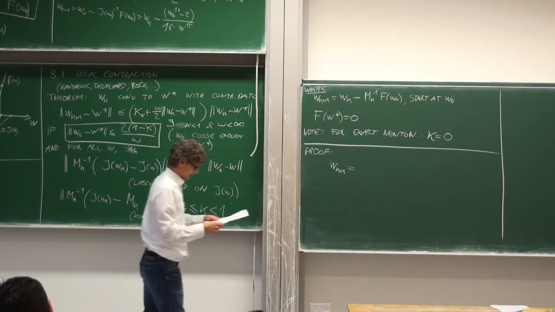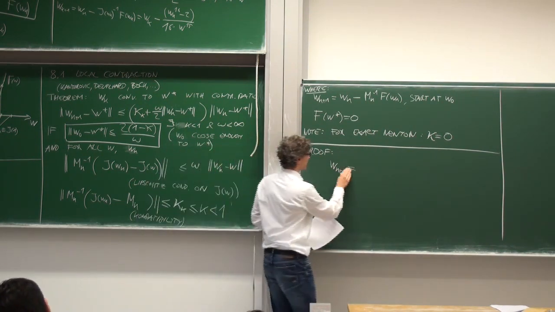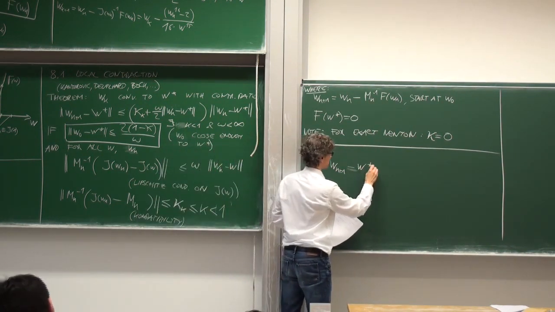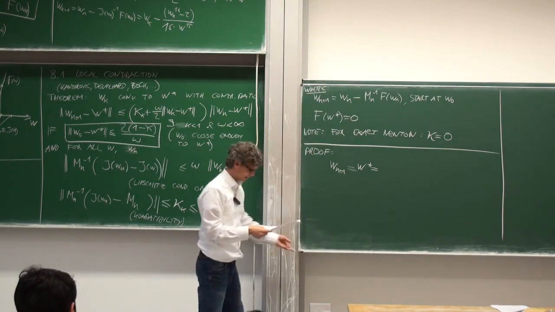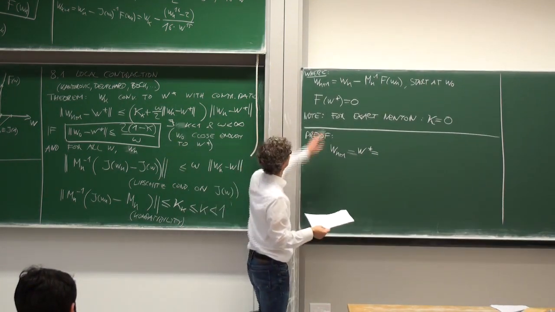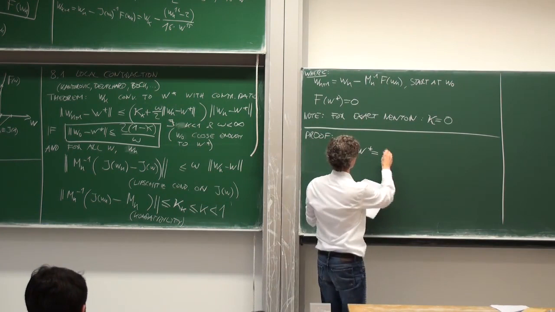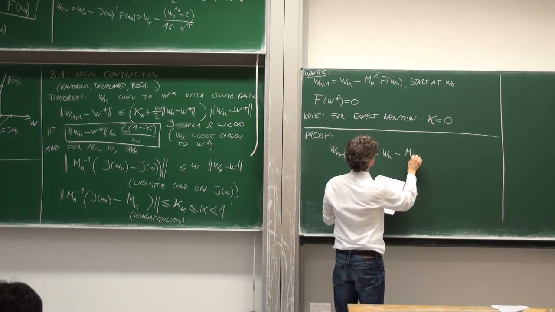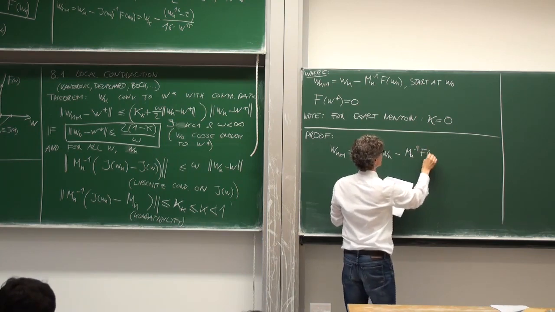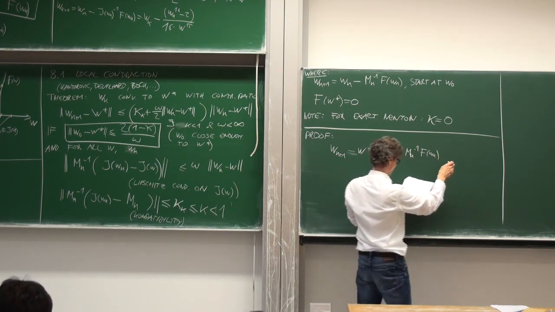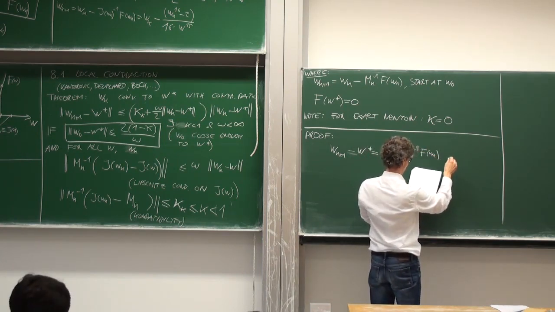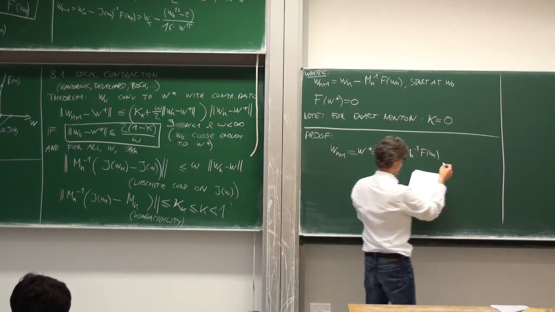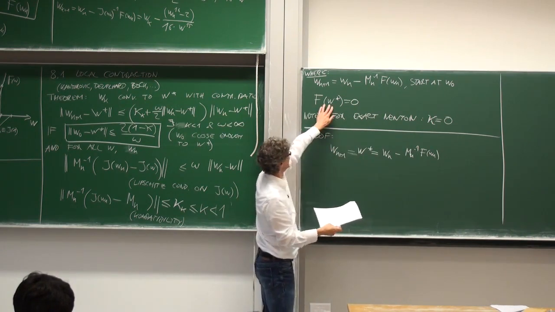So let me just expand the distance of wk minus w star. And to expand this distance, I will use the definition of my step. So what I will get is actually wk minus Mk to the minus 1 times f of wk. And then I subtract here minus w star, right? I will use also the fact that I have 0 here.